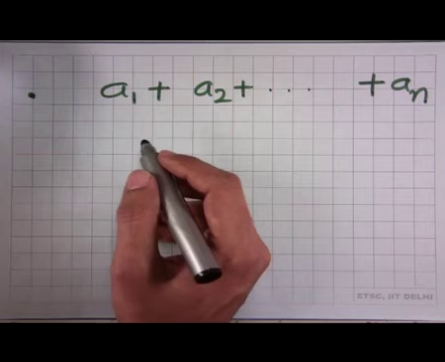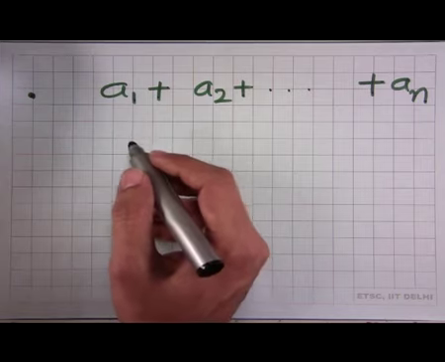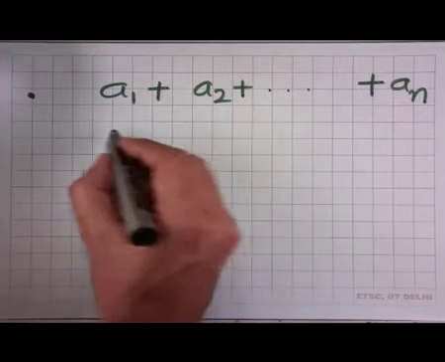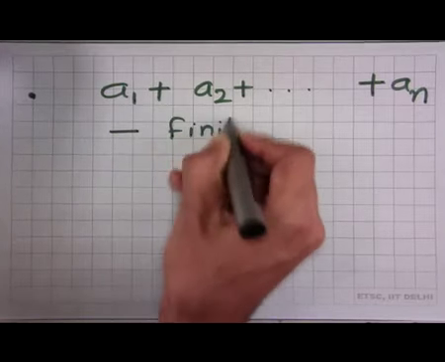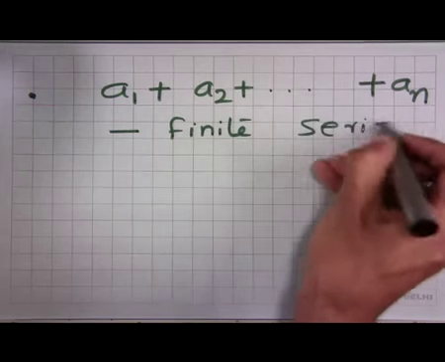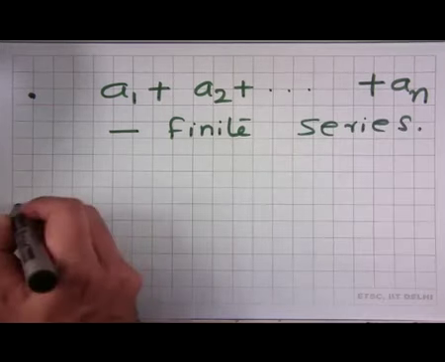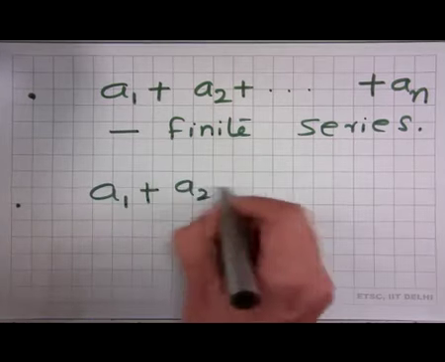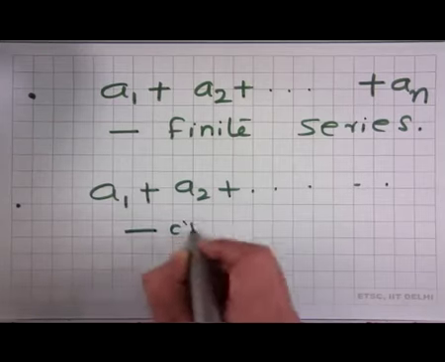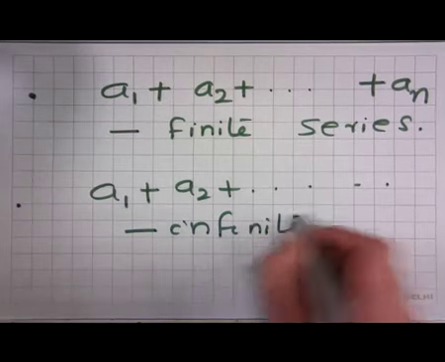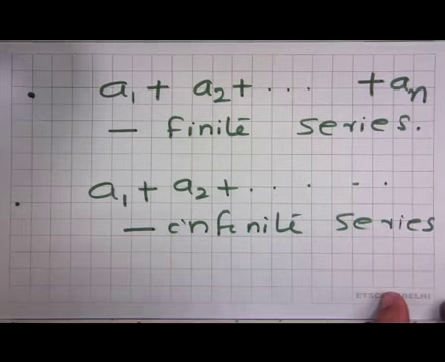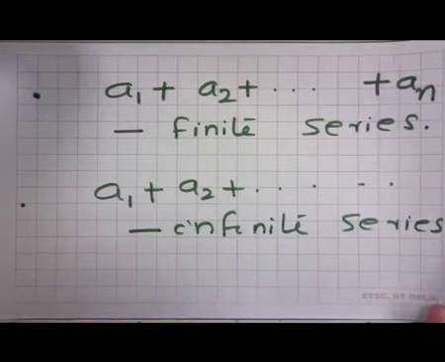Hence, it always represents a finite real number, whereas an infinite series a1 plus a2 plus etc. may or may not represent a finite real number.